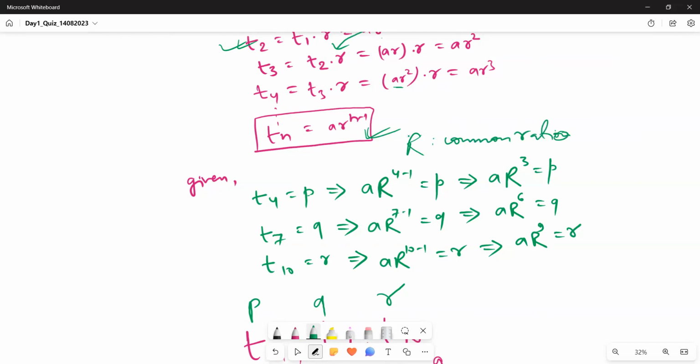So from the Tn formula, T4 equals A R to the power 4 minus 1, that is A R cubed, equal to P, and similarly for T7 and T10.